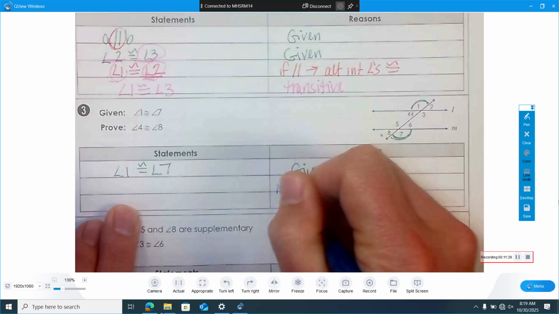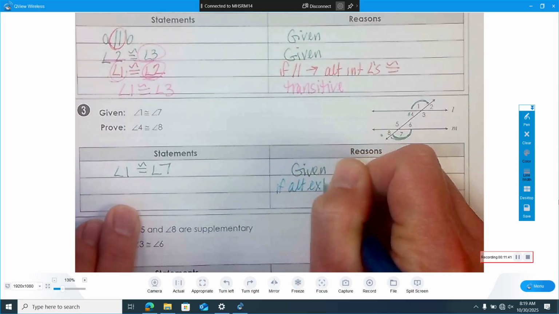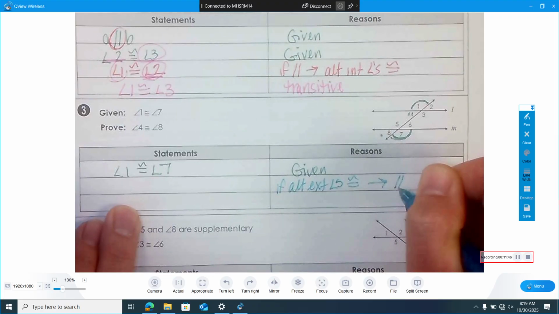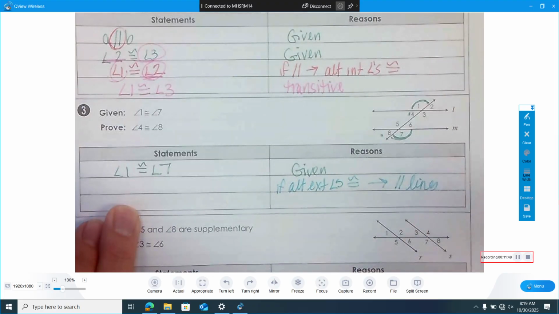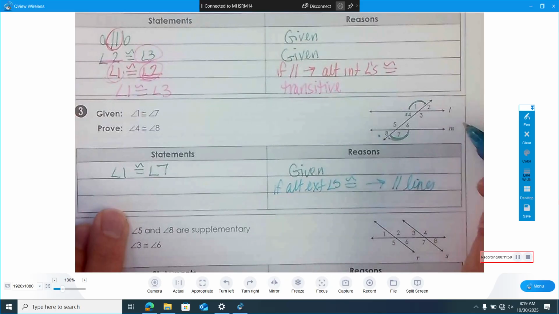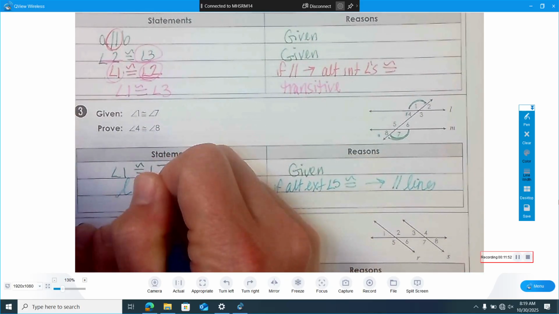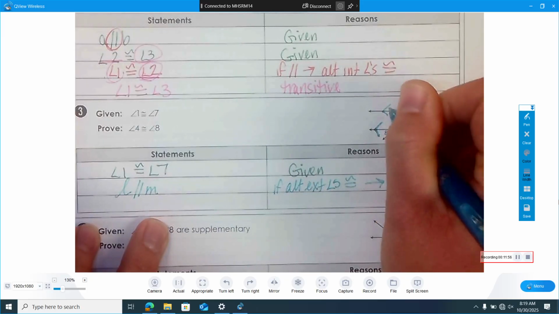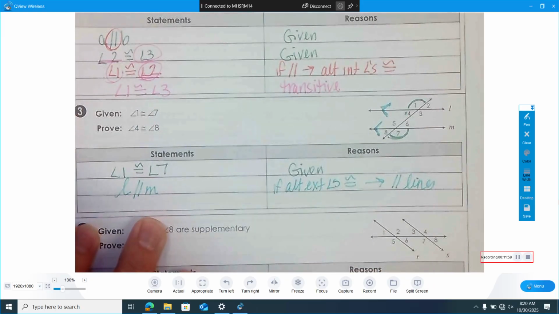Alternate. Okay, if alternate exterior angles are congruent, then what do we know? Parallel lines. What lines are parallel? L is parallel to M. So we just proved we have two parallel lines, all right?